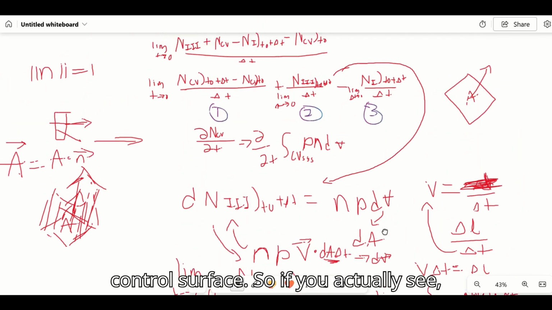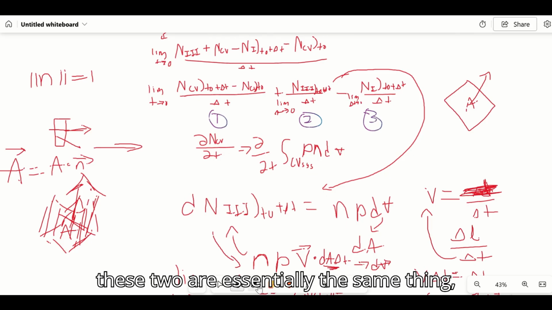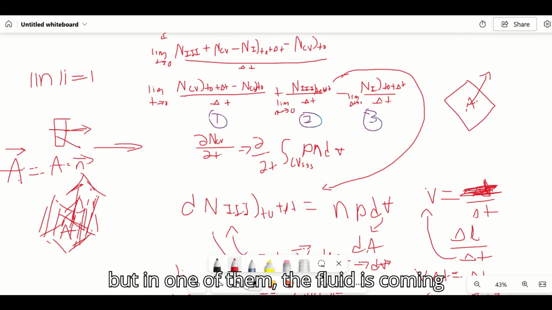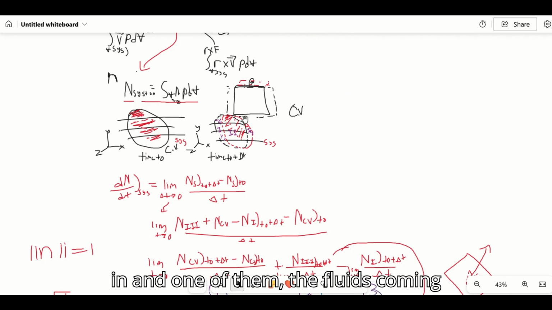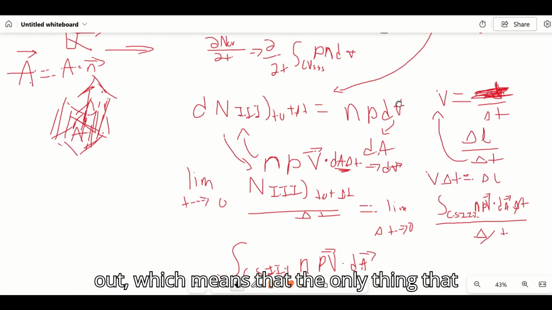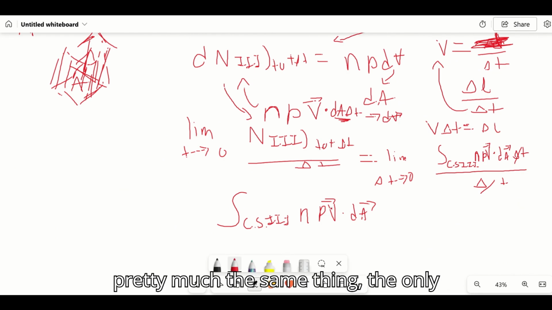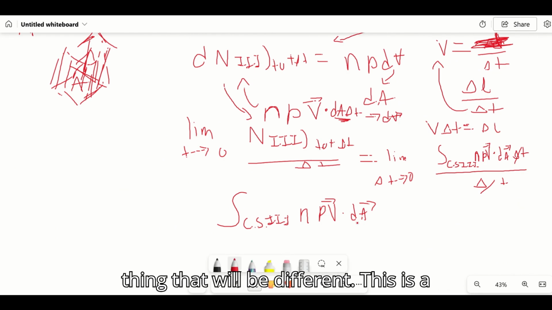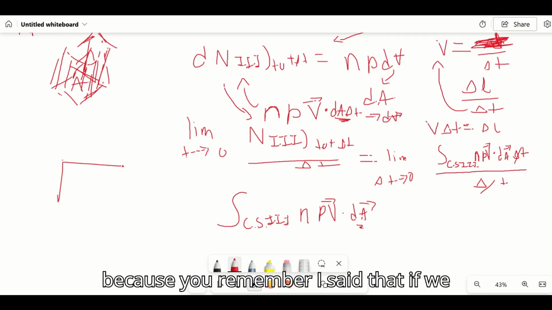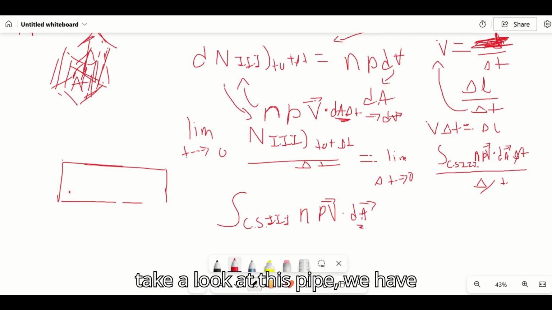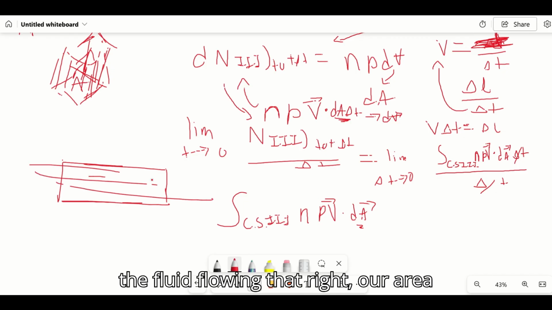If you actually see, these two are essentially the same thing, but in one of them the fluid is coming in and in the other the fluid is coming out, which means they're pretty much the same thing. The only thing that will be different is this A, because you remember I said that if we take a look at this pipe, we have the fluid flowing like that, right?